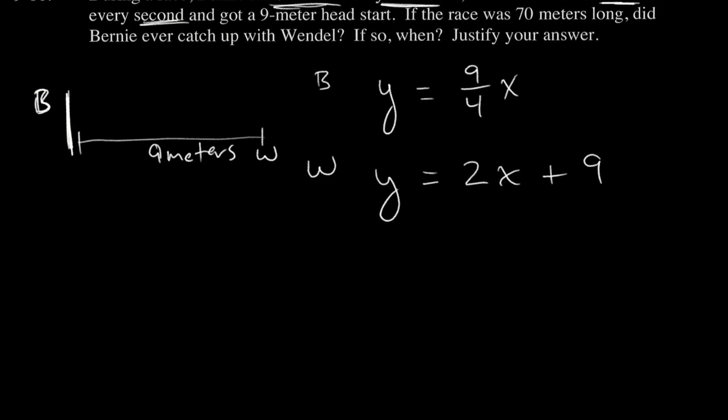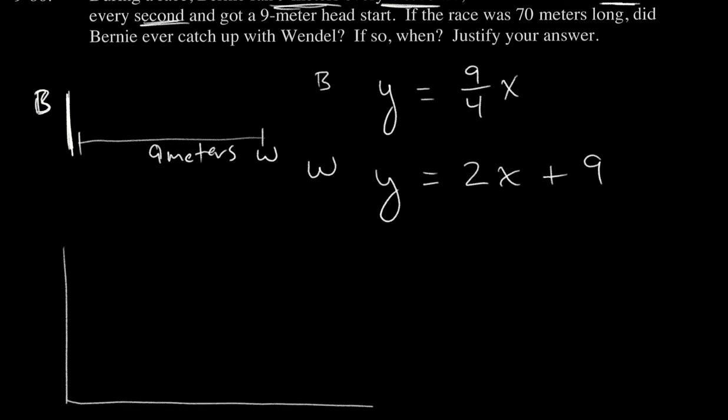So thinking about this conceptually, I've got a graph in 2 space like this, and up here is 70 meters, the distance where the race finishes. I've got Bernie starting here. 9 over 4 is a faster speed. 9 divided by 4 is 2.25, so it's 2.25 meters every second.